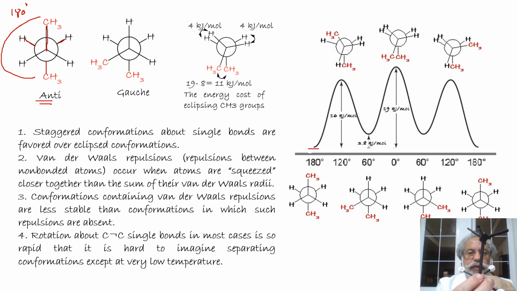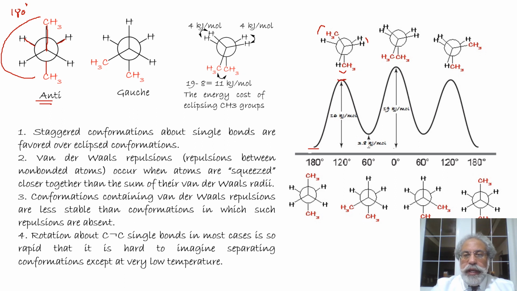When we start moving 60 degree, we will have eclipsed form, and that's high in energy.